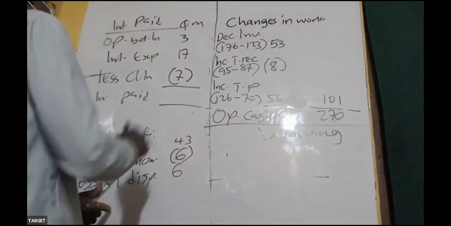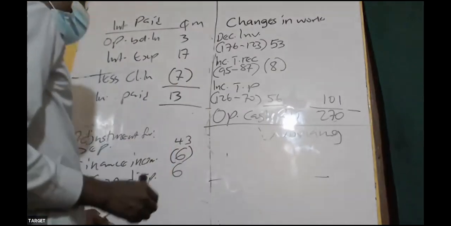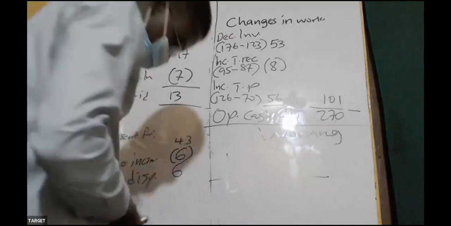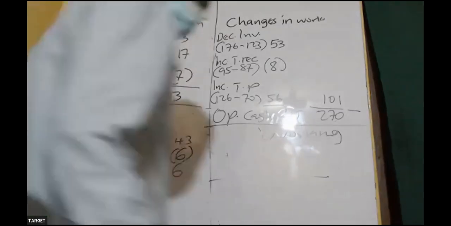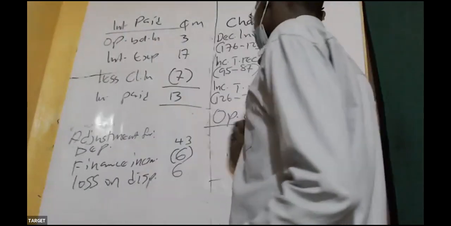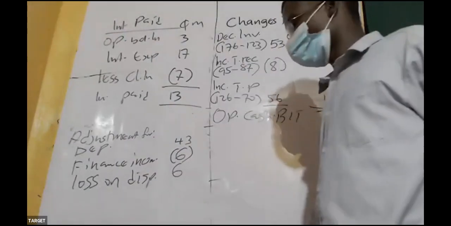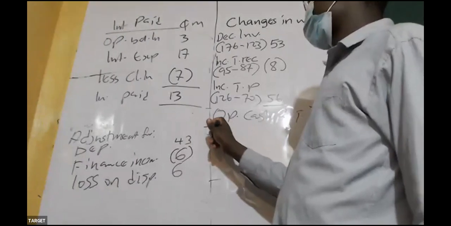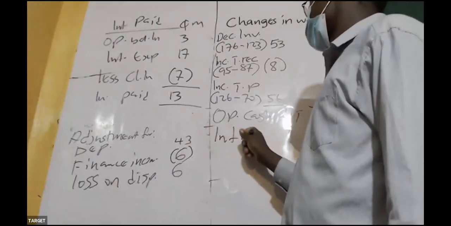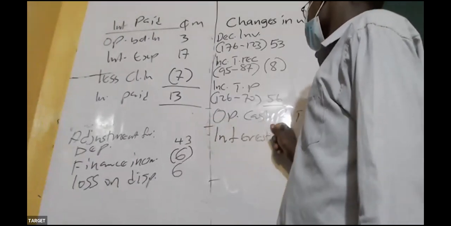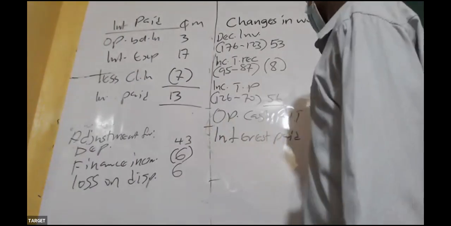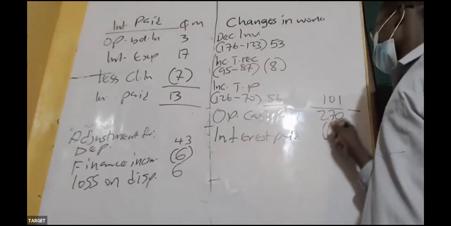So we'll get 13 as the interest paid. So I tell the examiner: interest paid 13.